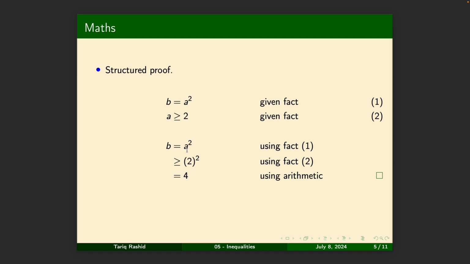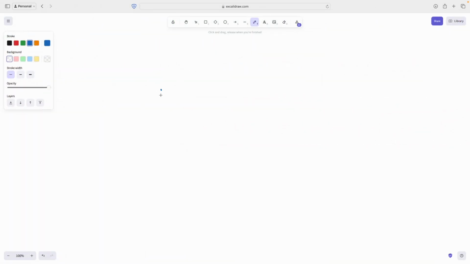Let me draw that picture. So we've said b equals a squared is more than or equal to 2 squared equals 4. And what we've not written down, what's almost implicit, because in Lean we'll use underscores, but here it means this thing, a squared, and then 2 squared is 4.